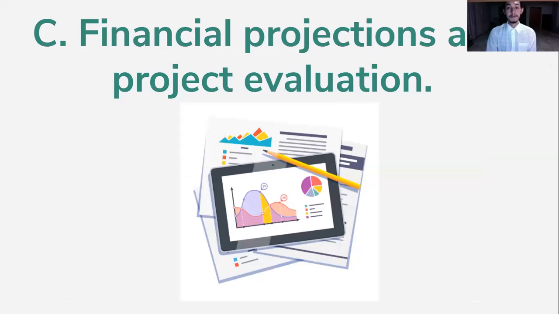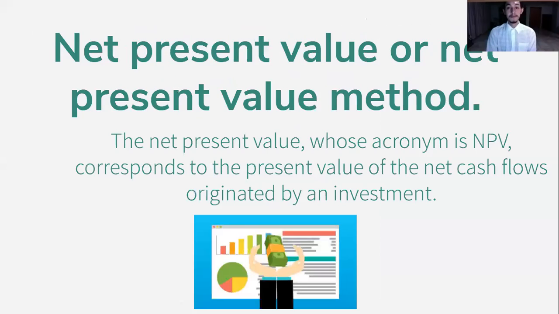Okay, now we talk about the financial projections and the project evaluation. First is the net present value method. The net present value of a time series of cash flows is defined as the sum of the present value of the individual cash flows.